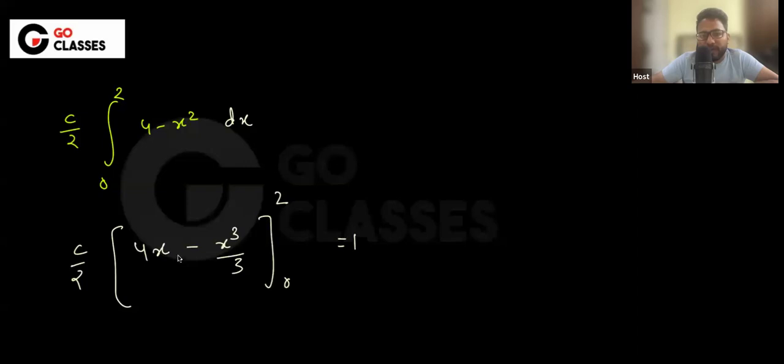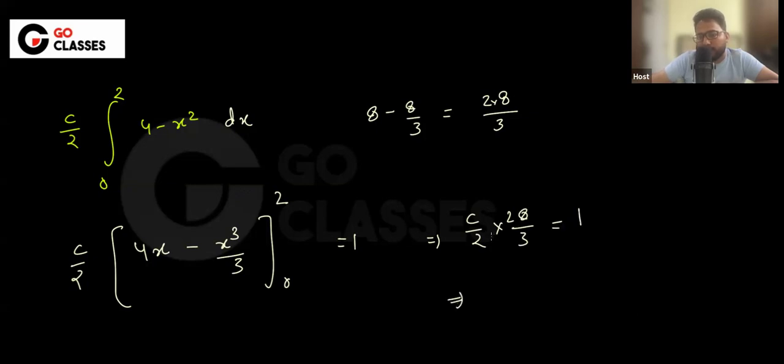For 2 it will be 8 minus 8 by 3, which is 2 8 by 3, right? So c by 2 into 2 8 by 3 equal to 1. So from here, if you calculate, c will be 3 by 8. So you can do it in any way, you will be getting the same answer.